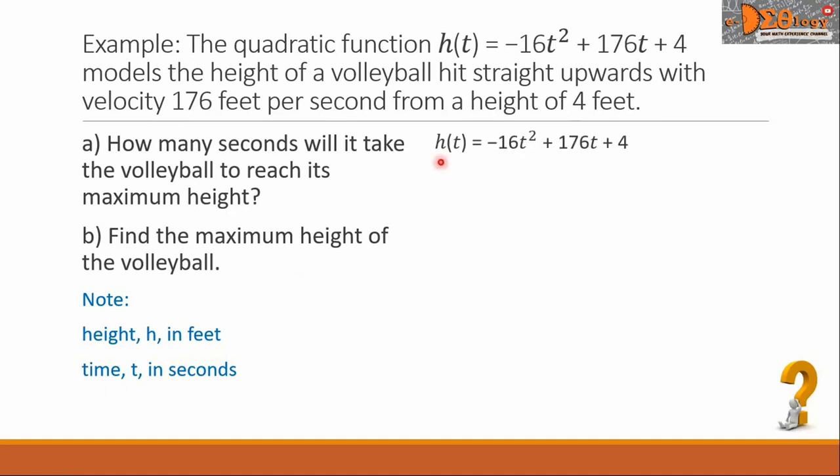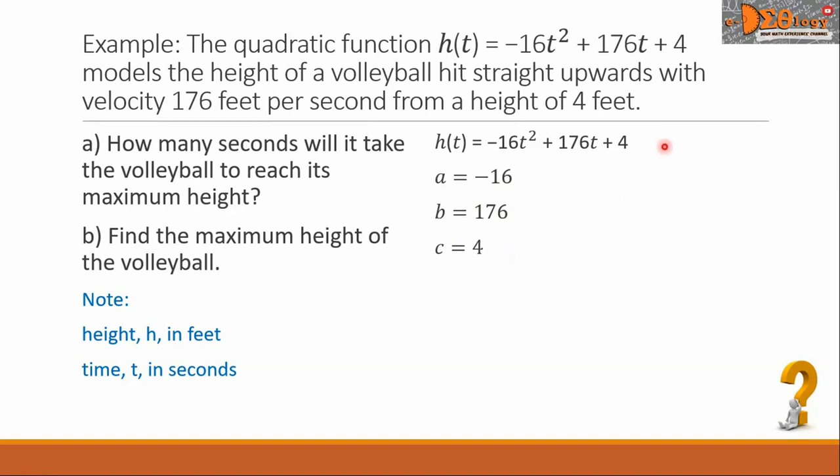Let us first copy our function, and it is now written here. And then let us collect the a, b, c. It means our a is the coefficient of the t squared, which is negative 16. The b is the coefficient of t, and that is 176. c is the constant, which is 4.